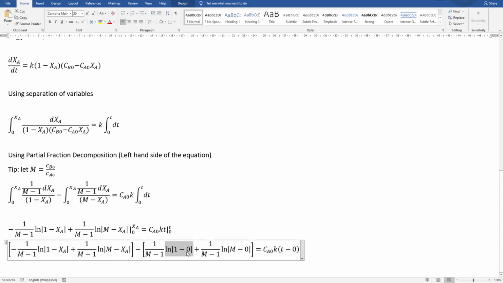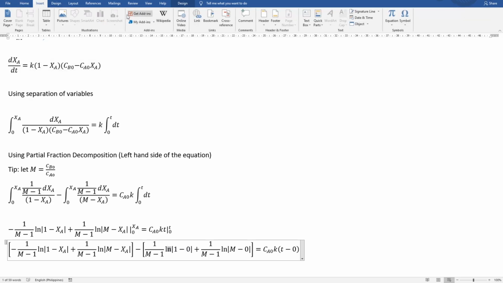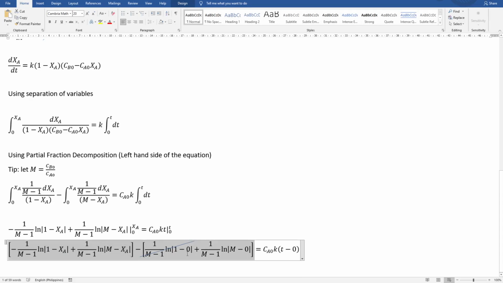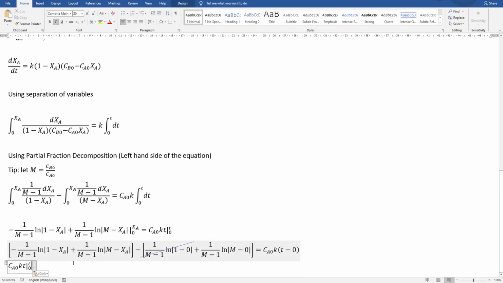So ln of 1 minus 0, so we'll get ln of 1, and then ln of 1 is equal to 0. So we could cancel this because this is a 0, but this one we will be left with, copy muna natin to.